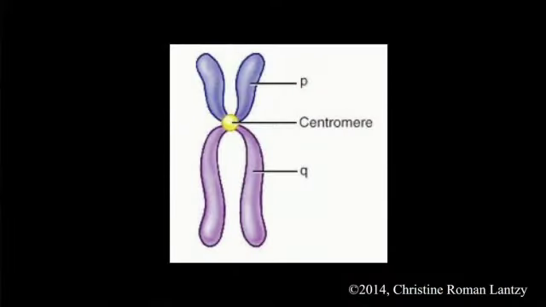So this slide shows a drawing of a chromosome. You see at the top, the two arms are called the P arms. The two at the bottom are called the Q arms of the chromosome. And you may be familiar with this from looking at some students' records where they may describe that the child had a certain chromosome, like a 13P plus or a 12Q minus.